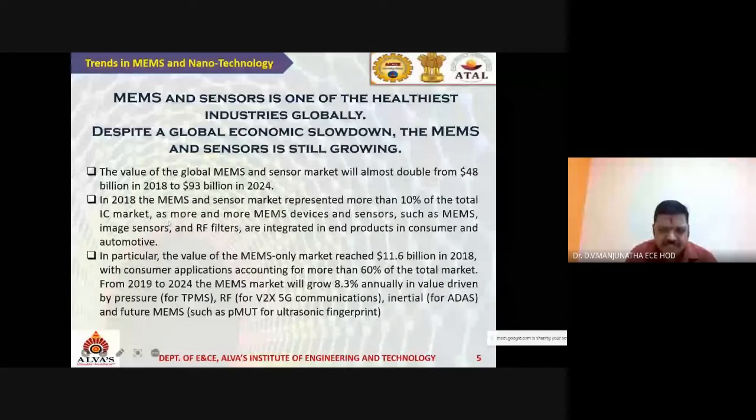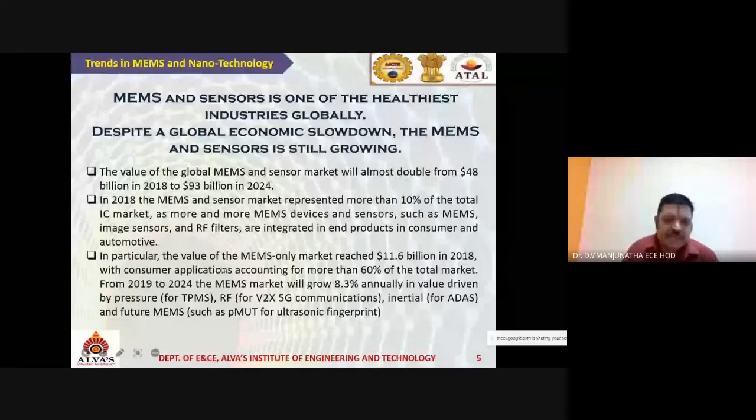the year 2024. In 2018, the MEMS and sensor market represented more than 10% of the total IC market, as more and more MEMS devices and sensors such as image sensors and RF filters are integrated in end products in consumer and automotive areas.